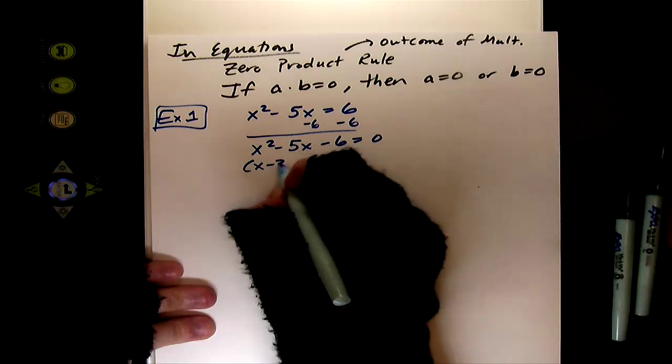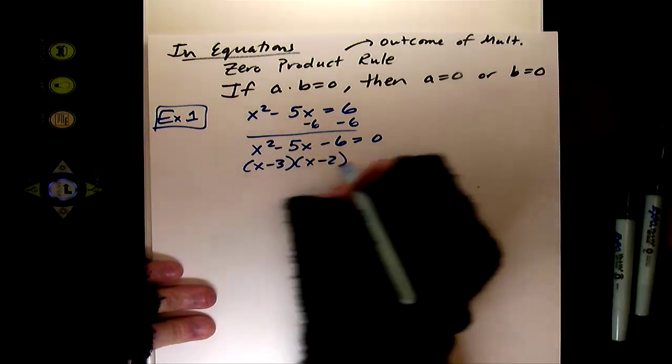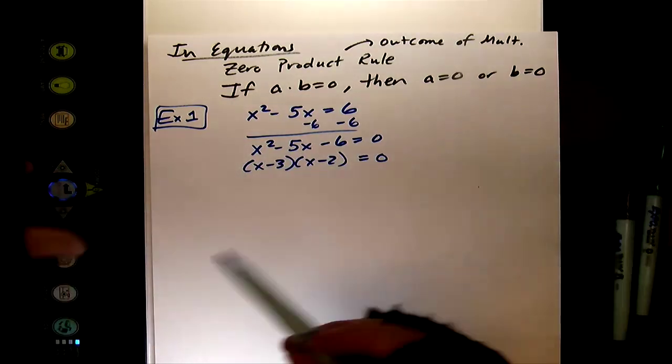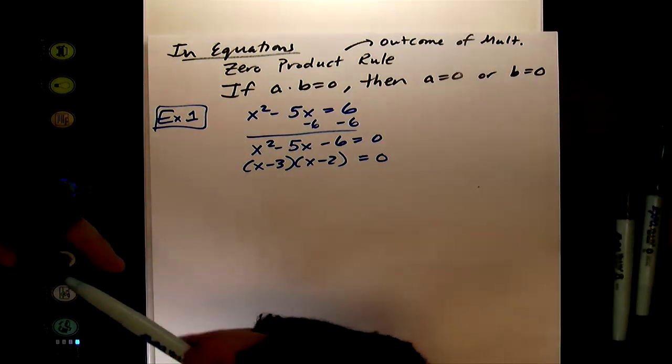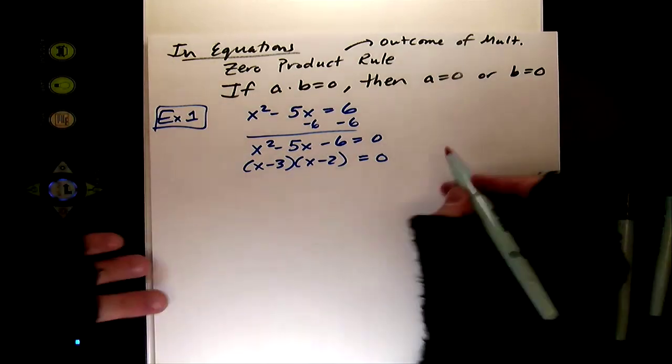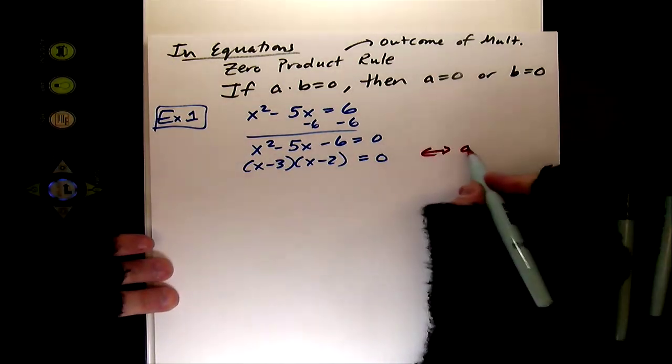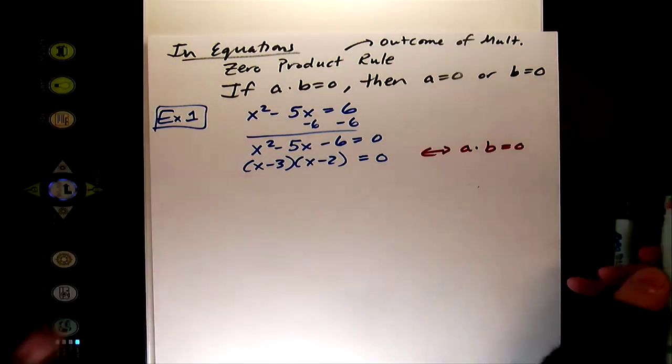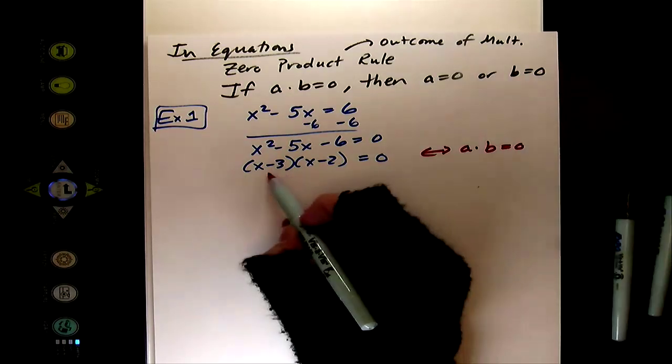Then if you factor it, you should have x minus 3 and x minus 2 equals 0. This is very much like my A times B equals 0. Where that's A and this is B.